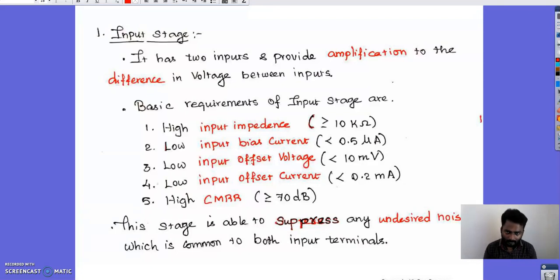It is going to have high input impedance, greater than or equal to 10 kilo ohm, low input bias current of less than 0.5 micro amp, low input offset voltage, less than 10 millivolt, and low input offset current, less than 0.2 milliamp, and high common mode rejection ratio, that the CMRR will be greater than or equal to 70 decibels. This stage will be able to suppress the undesired noise which is common to both the input terminals. The noise will also be suppressed at this stage.